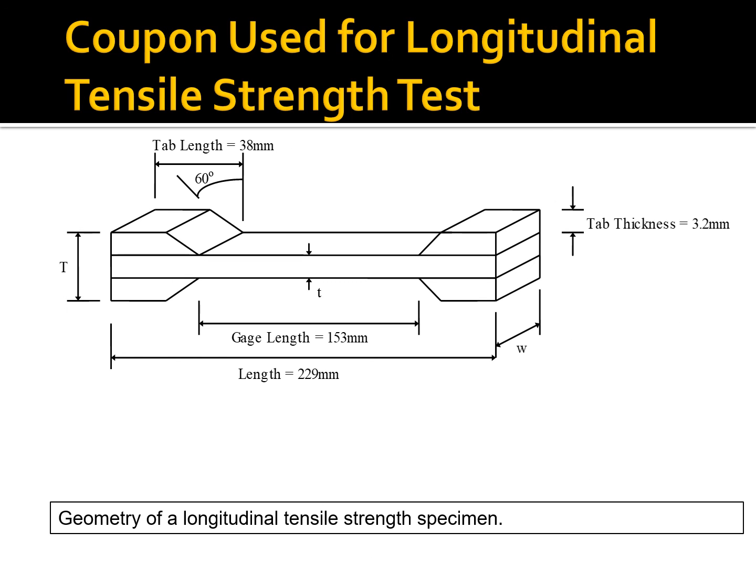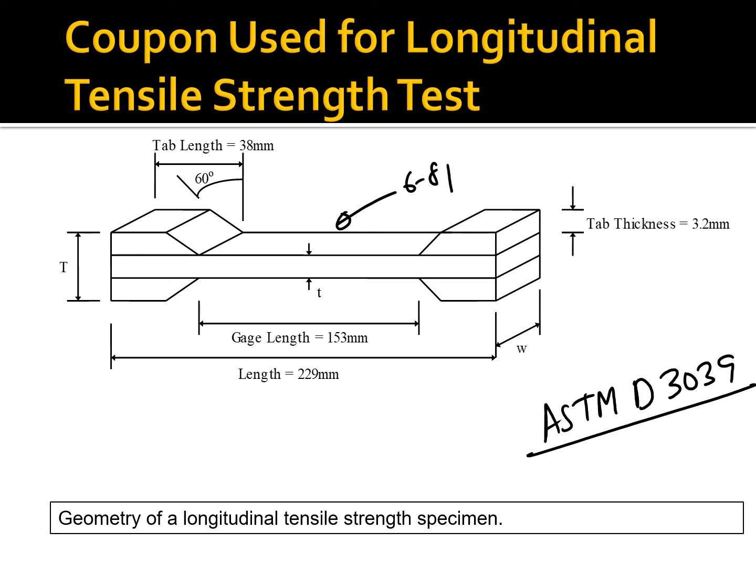So let's go and see how the longitudinal tensile strength test is done. So bottom line is that this particular standard which is used is called the ASTM D3039, and you have 6 to 8 plies, and these are all 0-degree plies, so the fibers are in this direction here, and you can see the gauge length is about 150 millimeters, length is about 230 millimeters, and what you also do is that you put tabs in there.